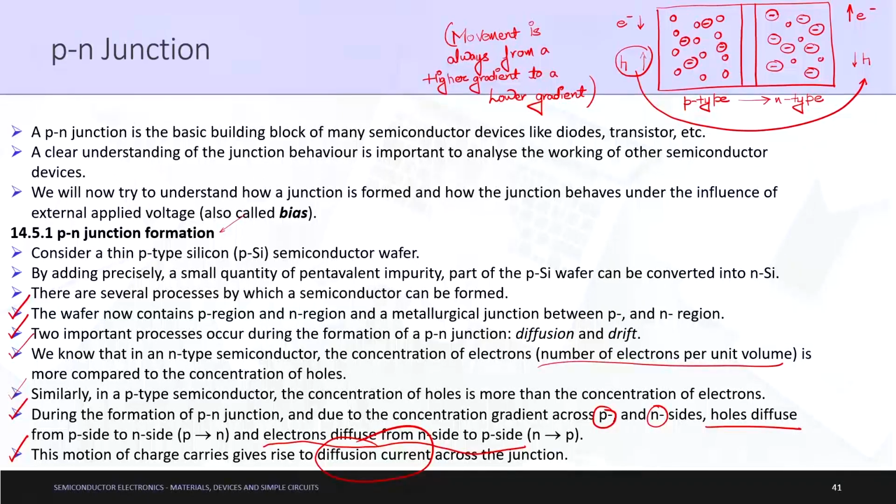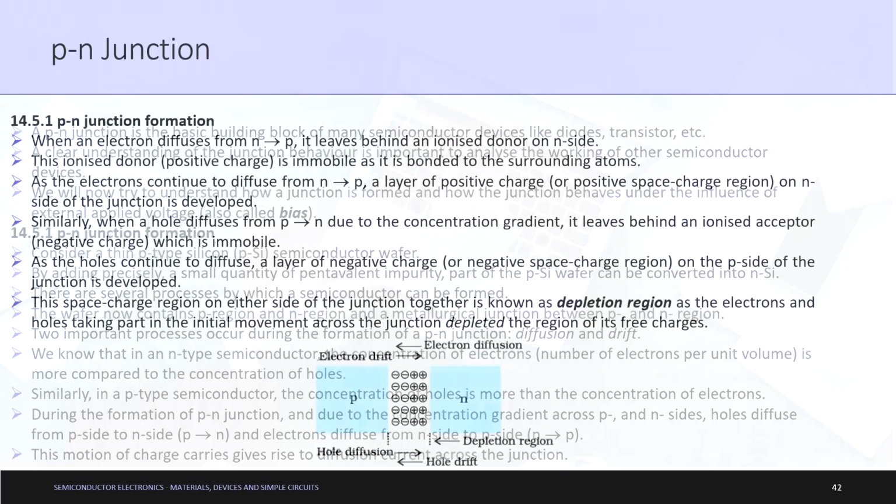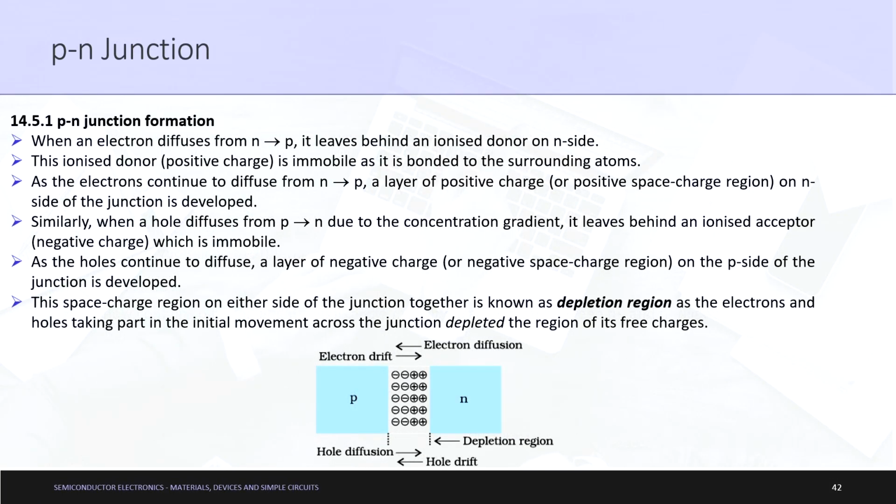This current is produced due to diffusion, of the hole carriers from the p side to the n side, or the electrons from the n side to the p side. Therefore it is called diffusion current. So this motion of charge carriers gives rise to diffusion current across the junction. Fine. So we have completely understood this diffusion concept. Now let us understand in more detail.